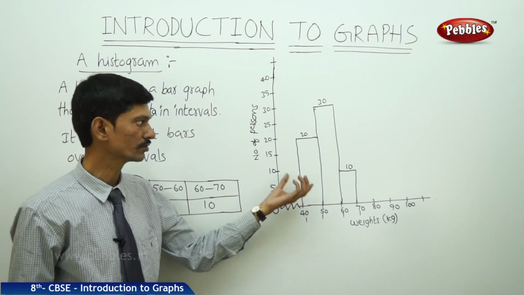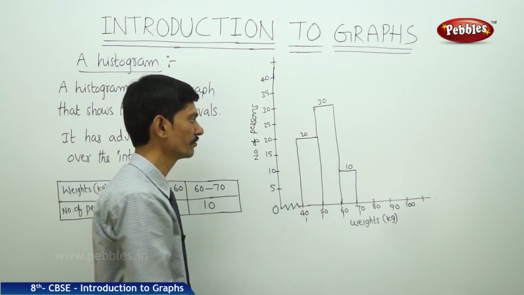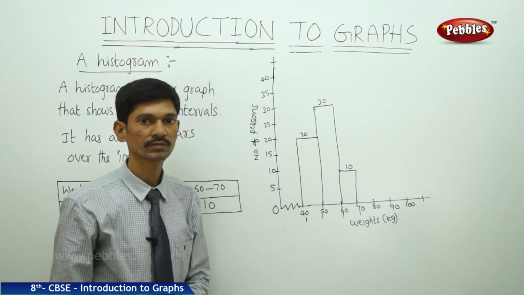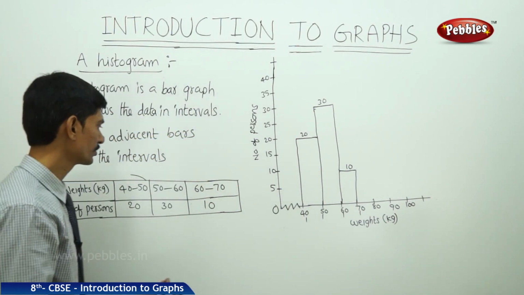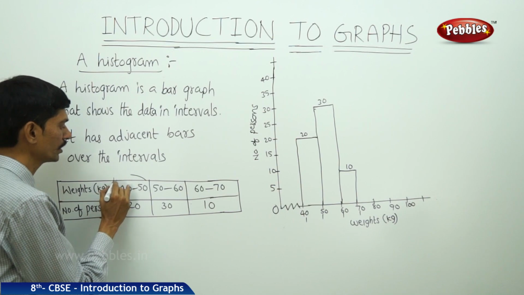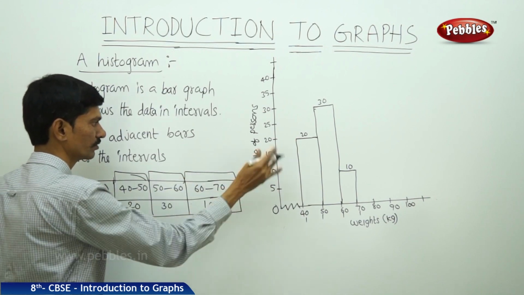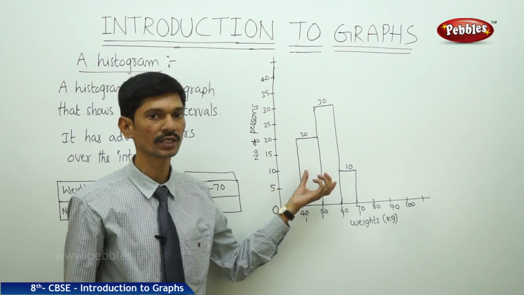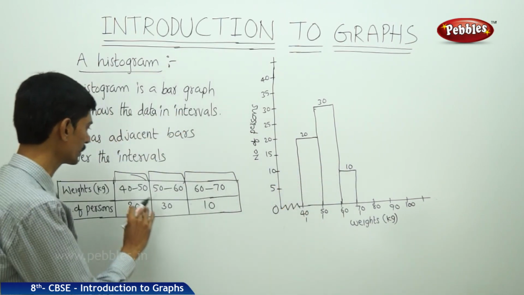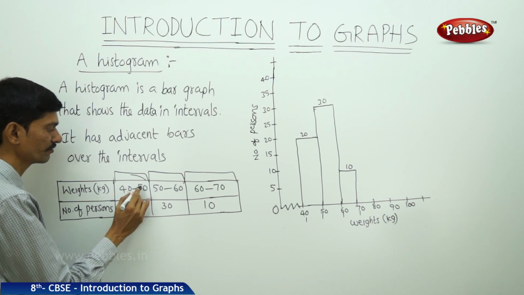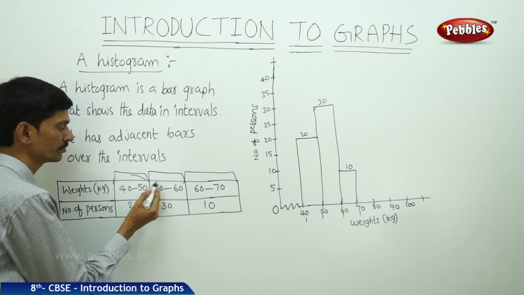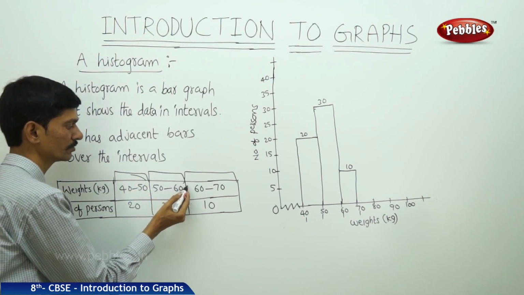But in the histogram, there is no gap between any two consecutive rectangles, because there is no gap between any two consecutive class intervals. All the class intervals are continuous: 40 to 50, immediately 50 to 60, then immediately 60 to 70.